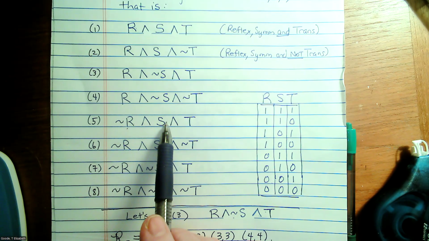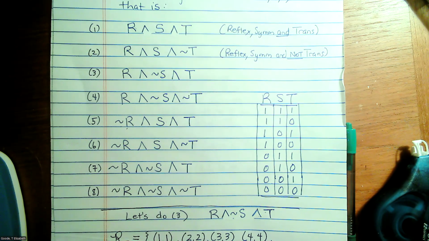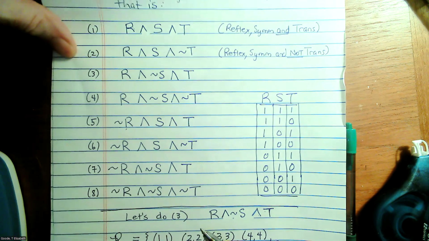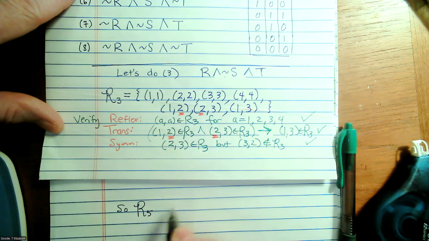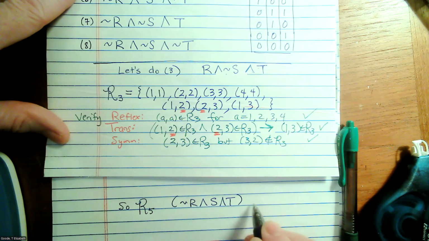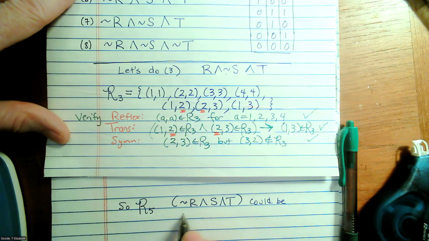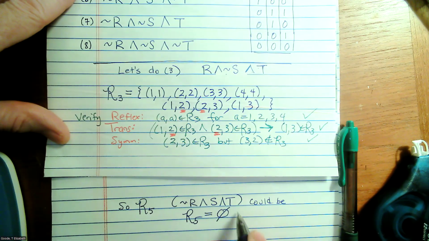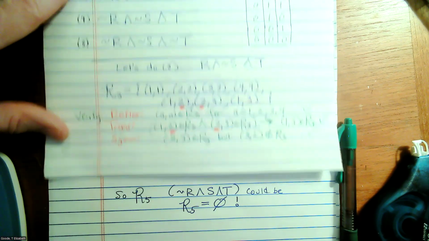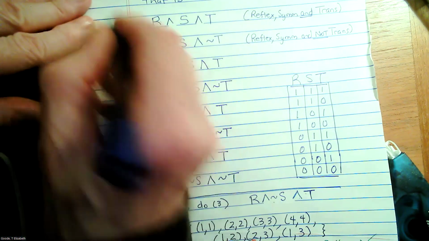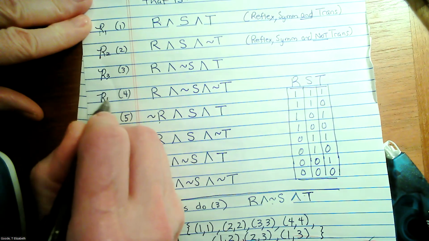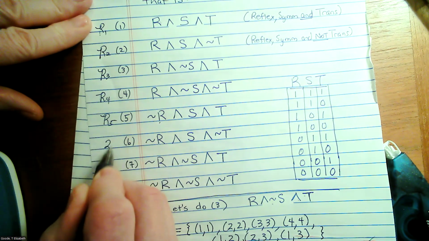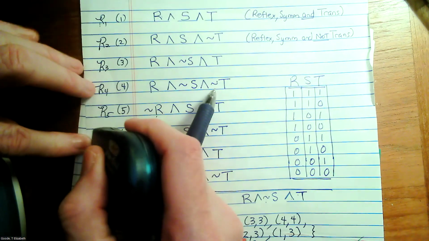But it will be symmetric and it will be transitive. So you get number five. R5, which is not reflexive and is symmetric and transitive, could be just the empty set. If we call this one R1, this one R2 and this one R3, for obvious reasons, then you get number five.